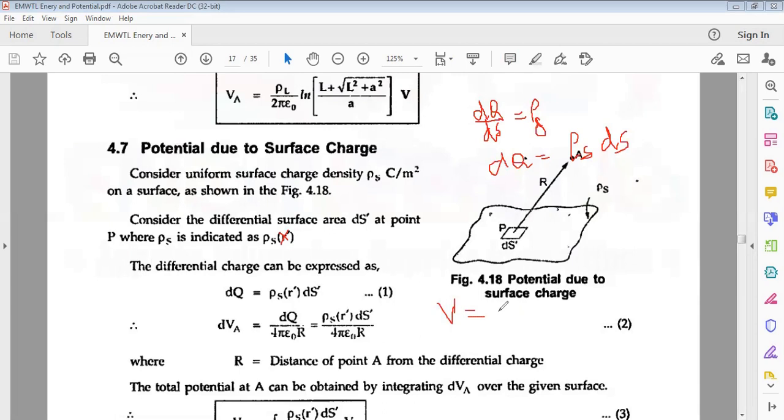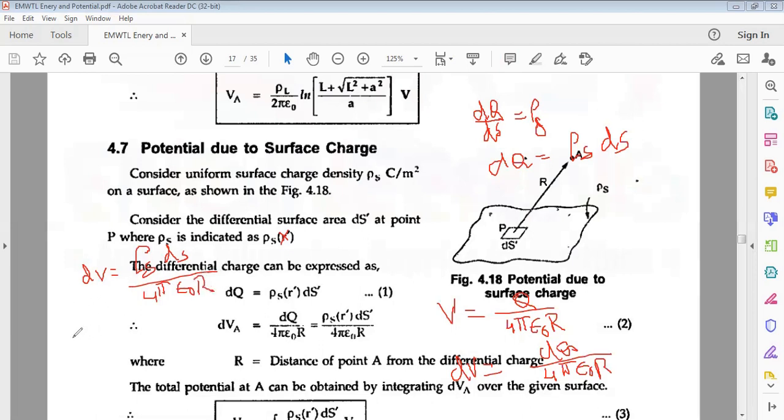The potential due to a point charge is Q by 4 pi epsilon naught R. The differential potential dV is the change of charge dQ by 4 pi epsilon naught R. Substituting dQ equal to rho S dS, dV is equal to rho S into dS, all divided by 4 pi epsilon naught R.